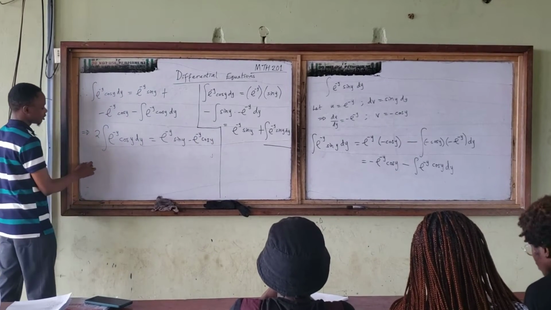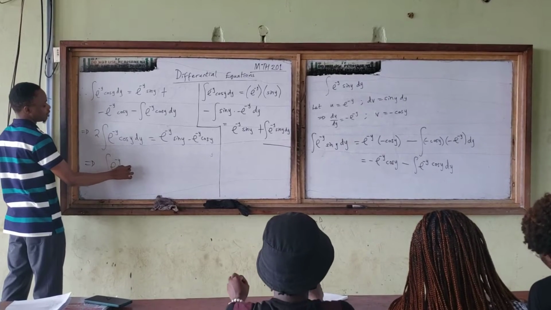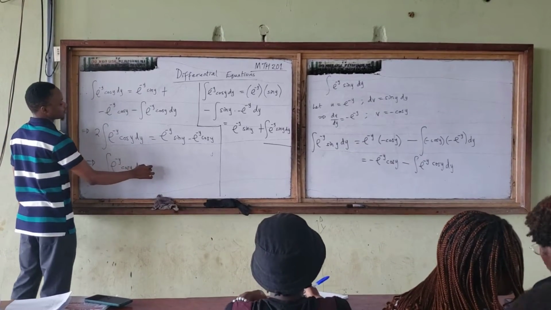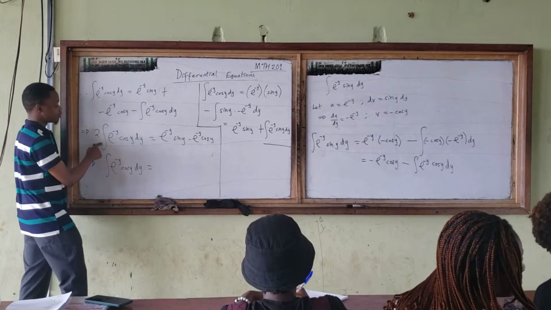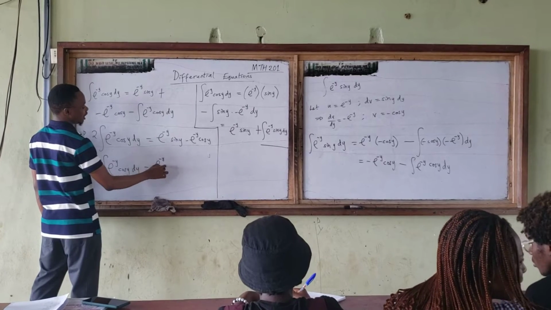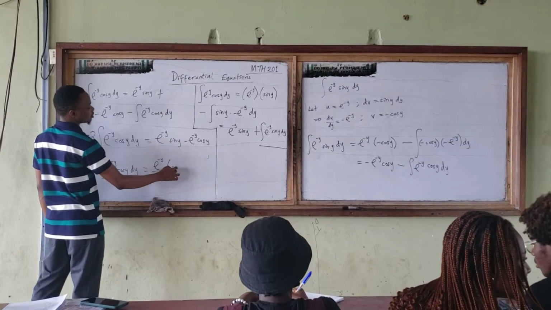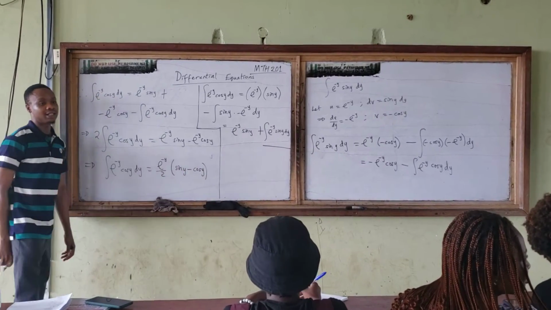So at the end of the day, I will have my integral of e raised to power minus y cos y dy equal to 1 over 2, I have to divide both sides by 2. So that will be e raised to power minus y all over 2 into sine y minus cos y. That is that about that.